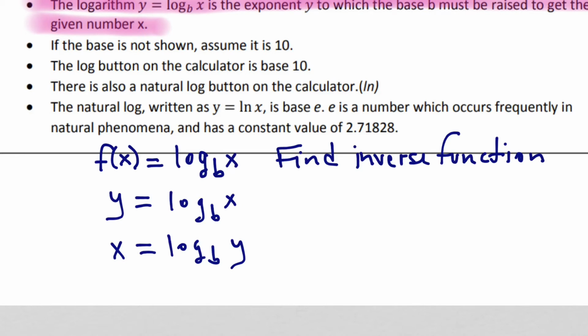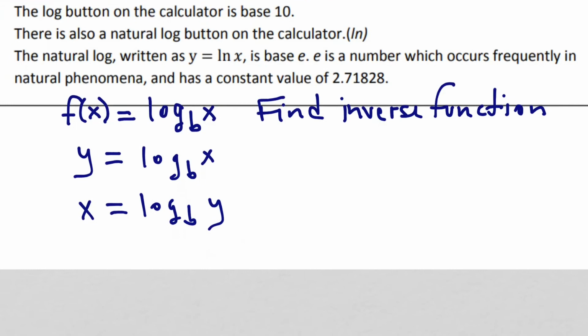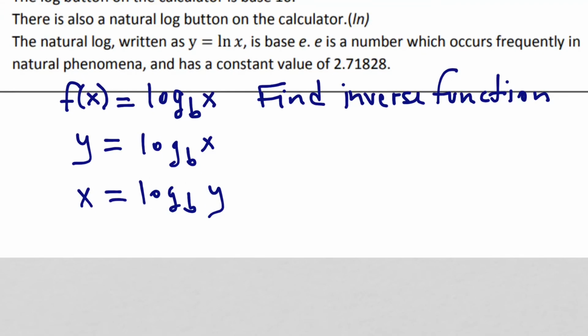In order to solve this for y, we've got to undo the log base b of y, so it just says y. The way that we do that is to use the inverse function. So that means I'm going to raise both sides by the base b.